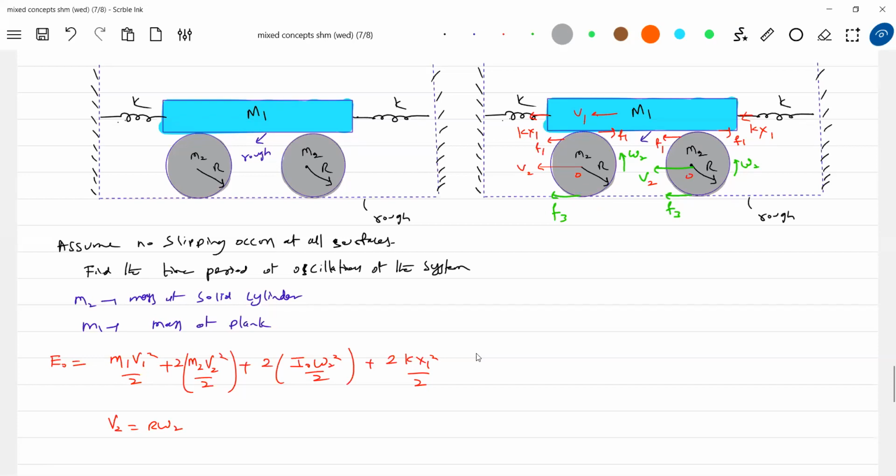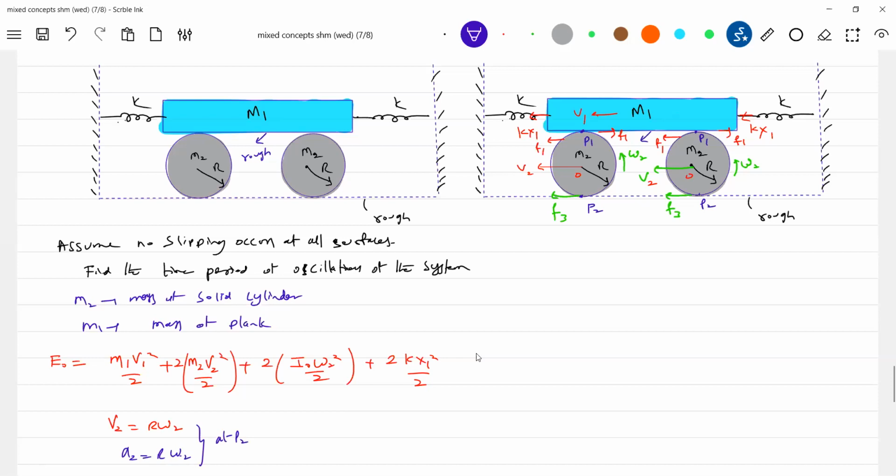Any relation here? Let me indicate a few points. This is P2. This point is P1. V2 should be equal to R omega 2 at P2 for no slipping, or further, A2 equal to R omega 2 at P2.